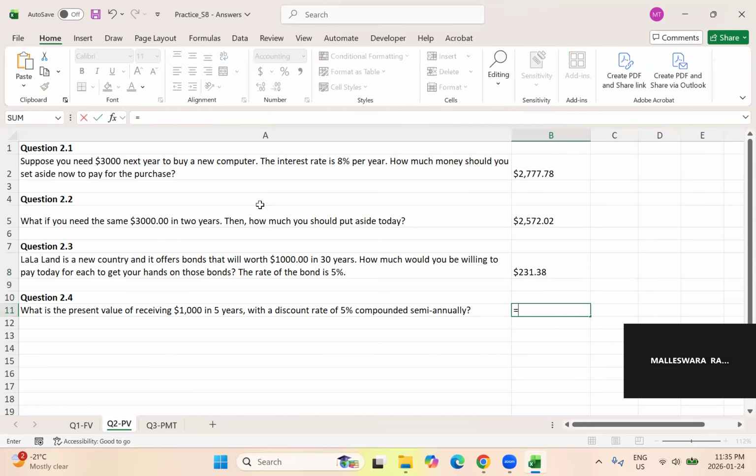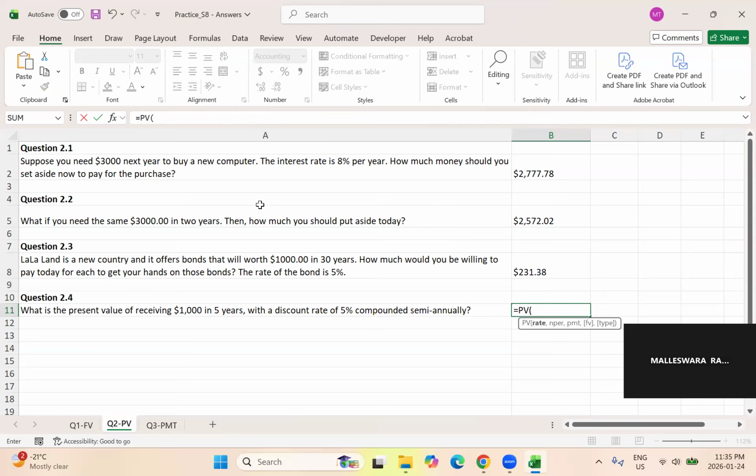So what is the present value of receiving 1,000 in 5 years? Discount rate, that's nothing but interest rate, semi-annual. So which is PV.